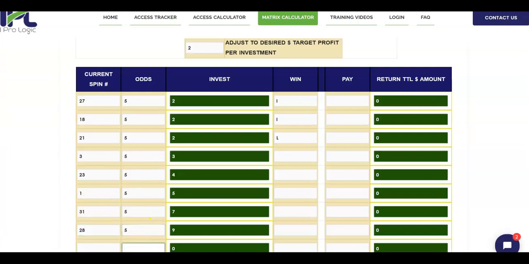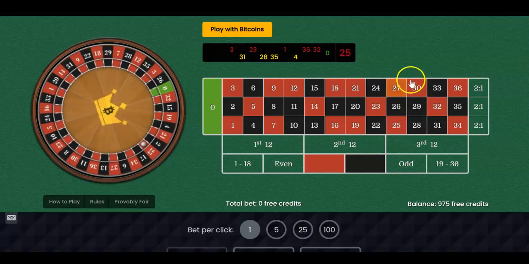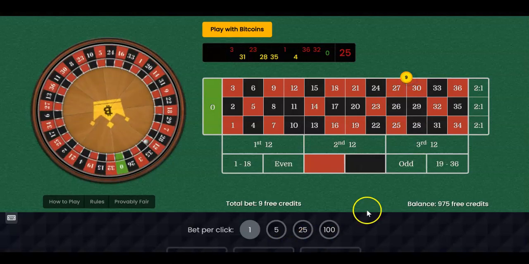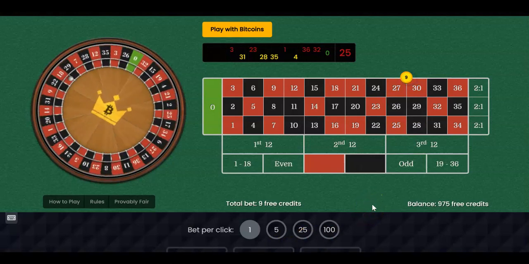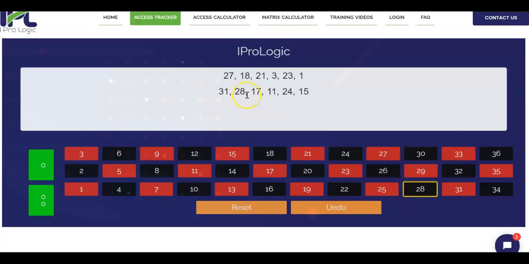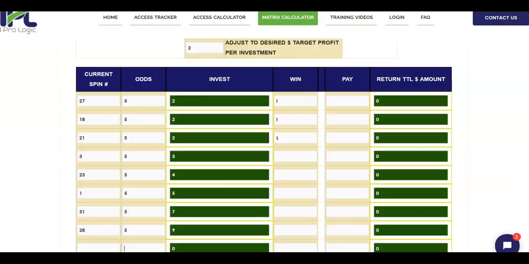And it's 9. Every single spin I am going to hit. I'm going to turn this into a win. 17.